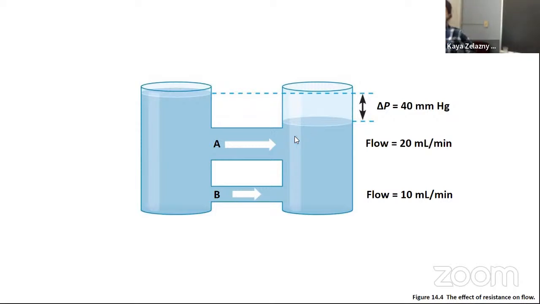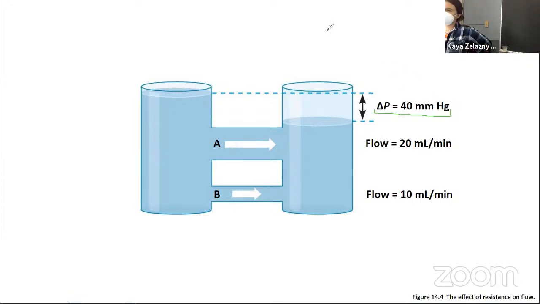So what we're looking at here, we can see these two columns, different heights, which means we would experience different pressure. We're given that the pressure difference is 40.